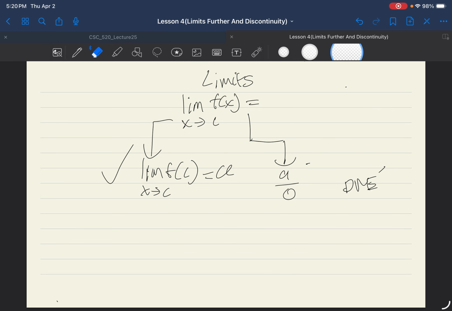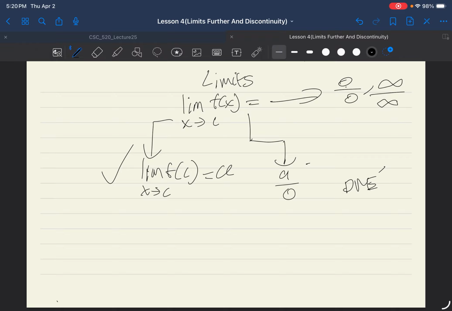And then if you get 0 over 0, or infinity over infinity, or a negative on the bottom or negative on the top, it really doesn't matter, so plus or minus. This is where you can make some cool changes. You can factorize.